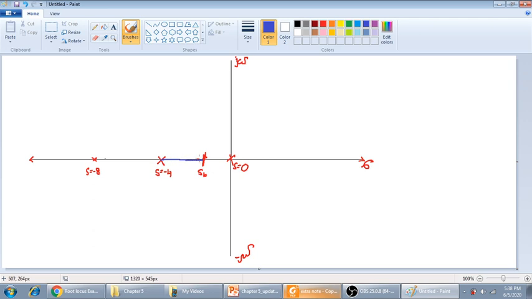This is the direction here, and this is the direction for this one, straight. This is the direction here, to rest to infinity.